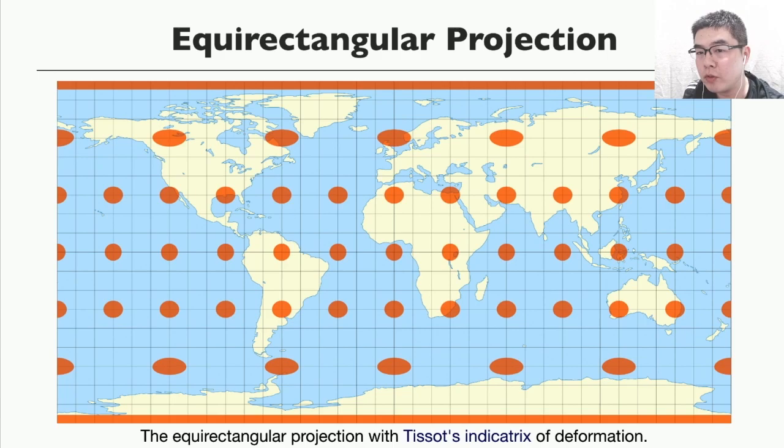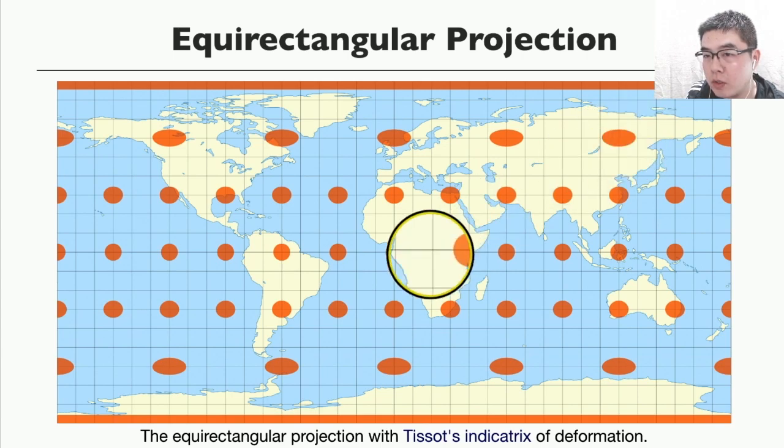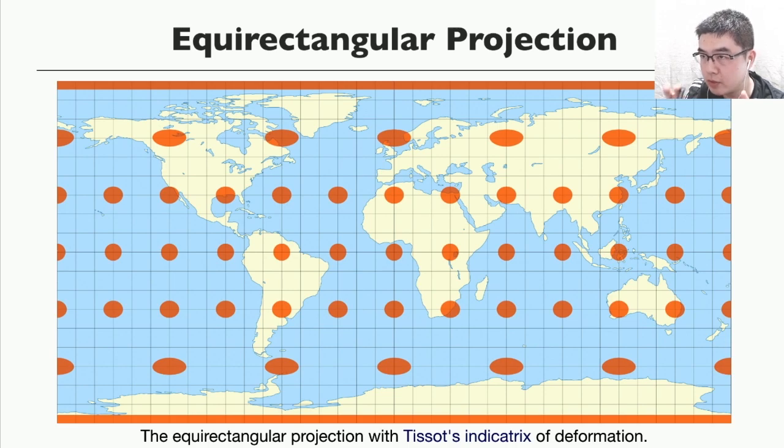And to give you more impression of the equirectangular projection, such as this example, every circle in this photo is the same in the 3D space. But when you reproject with equirectangular projection in the 2D world, it will look like this.